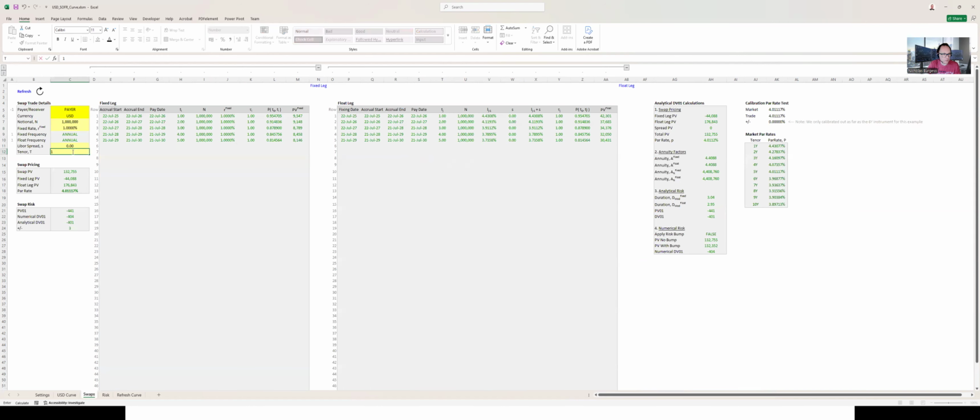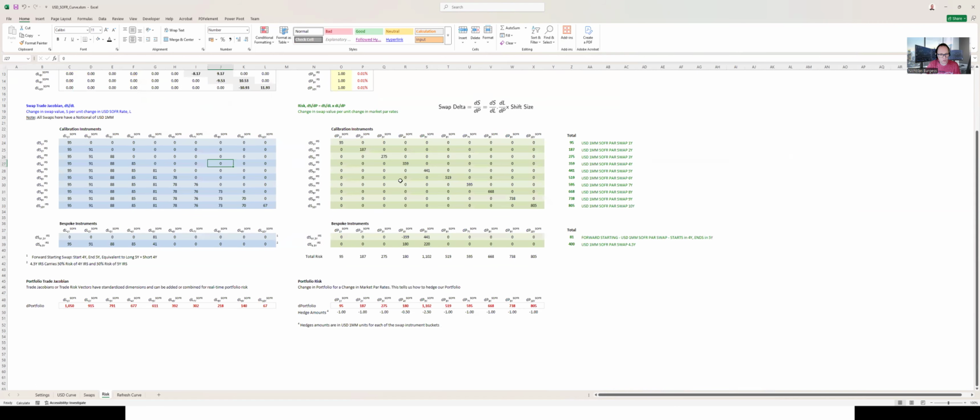So here's maybe a 2-year swap. You can see I'm using these forward rates. My trade matches the market price exactly. There's zero error at all. Similarly, for the 5-year swap, you can see I'm repricing exactly. You can see my risk calculations here are in real time.